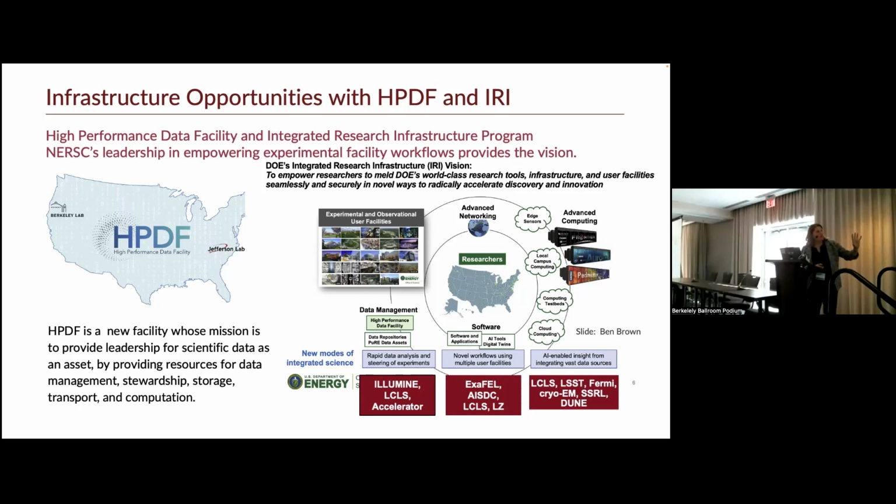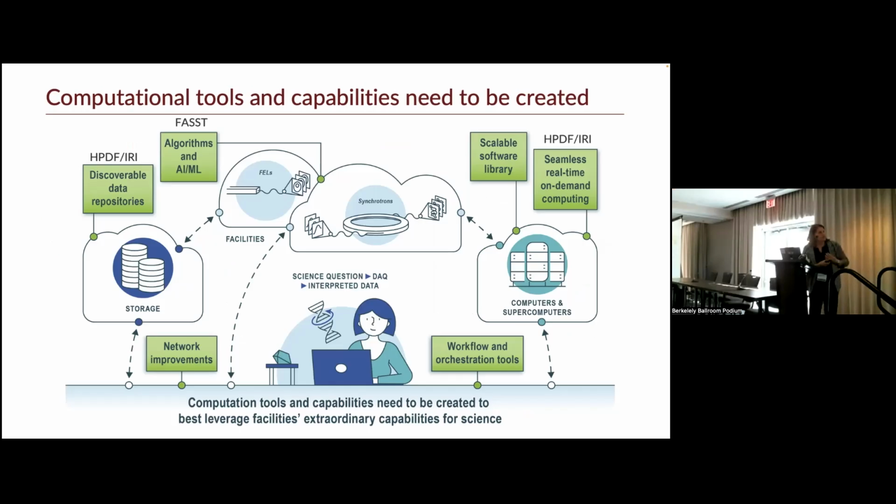And before there was IRI, the light sources kind of sketched out what it was that we would like if we had everything in the world that our little hearts desired to help our users do their science. What would we build? So we sketched a little picture where we said, well, we need help. We need to do experiment steering, so we need some scalable libraries.